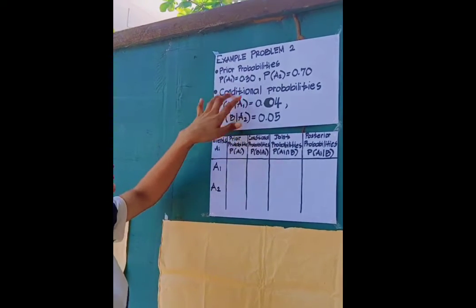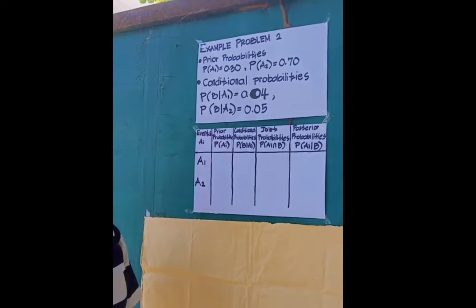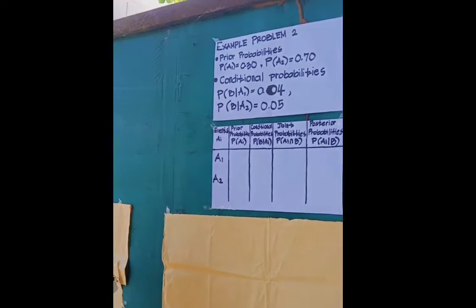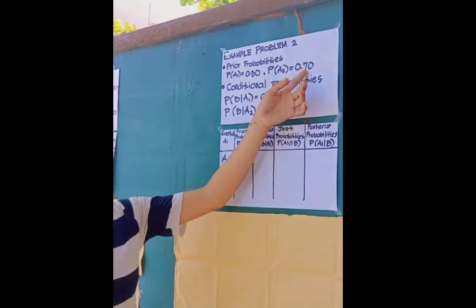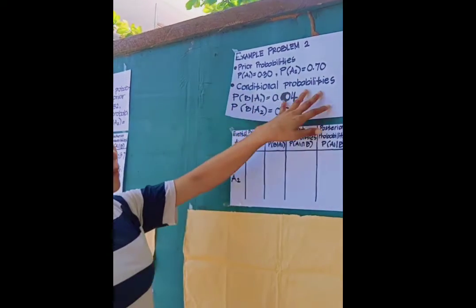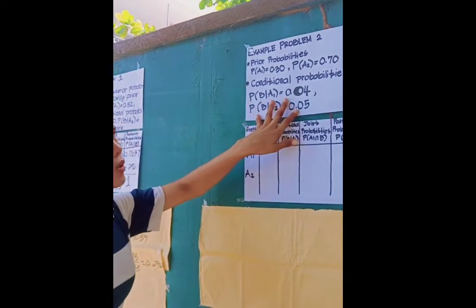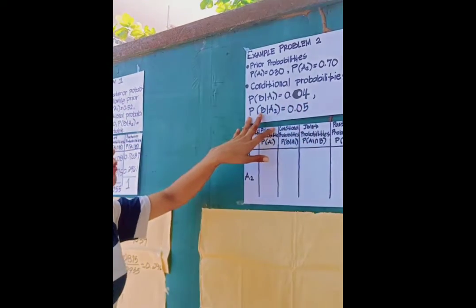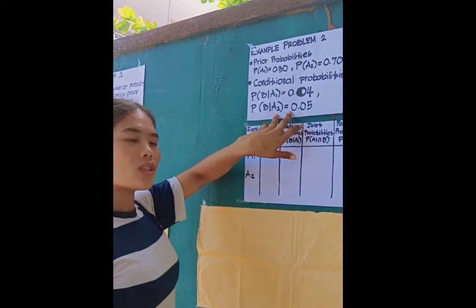The prior probabilities: probability of E sub 1 is equal to 0.30 and probability of E sub 2 is equal to 0.70. Conditional probabilities: probability of B given E sub 1 is equal to 0.04. Then, probability of B given E sub 2 is equal to 0.05.